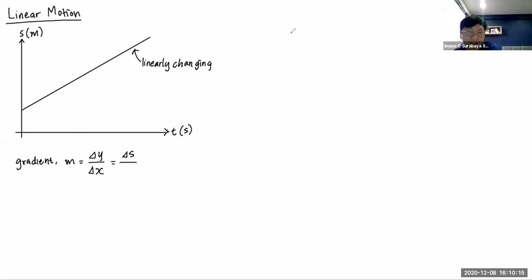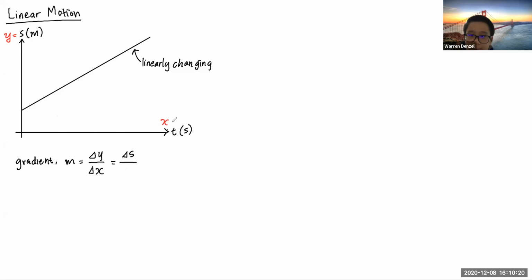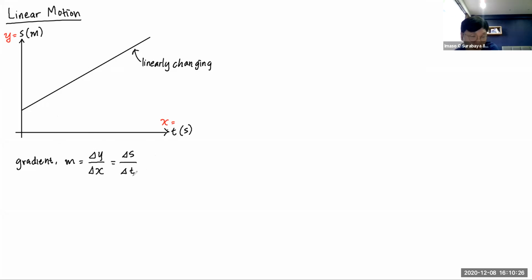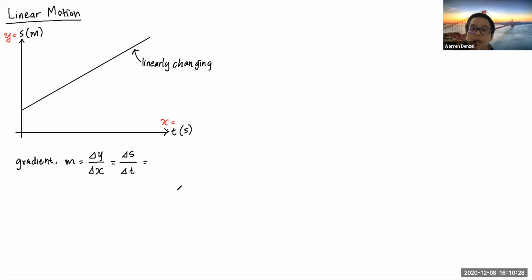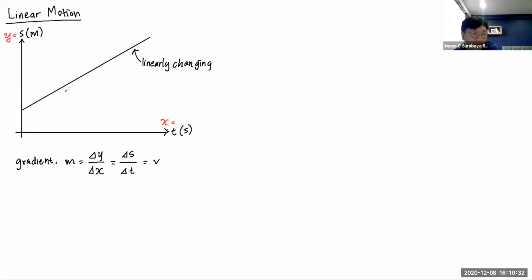Y in this case is delta s, and x in this case is t, so it's delta t. Okay, what is delta s over delta t? Velocity. So in this case, the gradient of this line is the velocity.